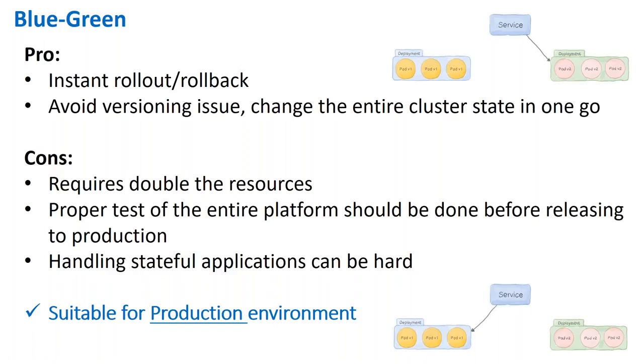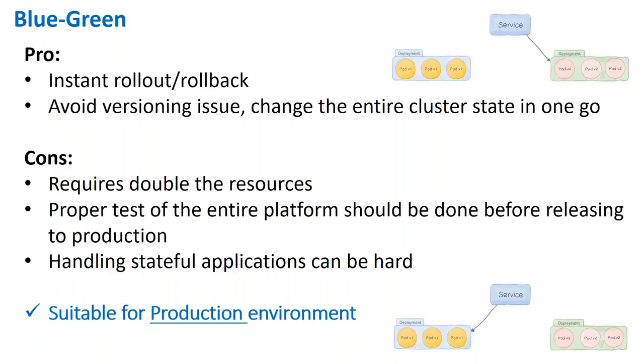My customers will still be accessing the old one, and I'll safely bring up the new object, new pods or replicas under it. And when everything is coming up, all I will do is switch the service so that it immediately starts accessing the new one. Correct? This way it will be fast because it's all about switching the service, or changing the service VIP to point to the new pods. Okay, these are the advantages.